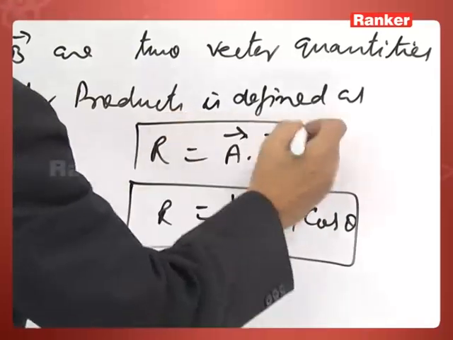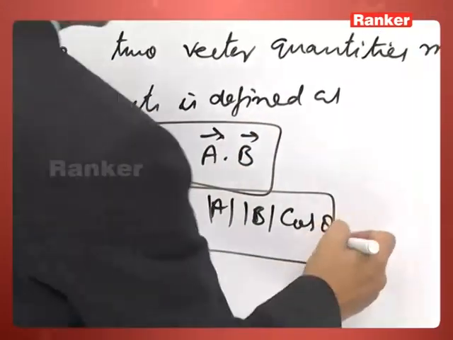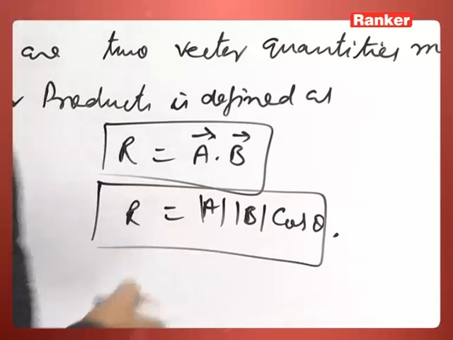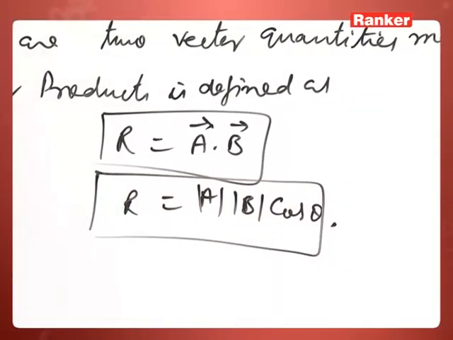Either in this form we can write or that form. This is called the scalar product.